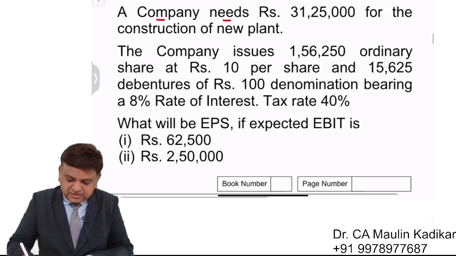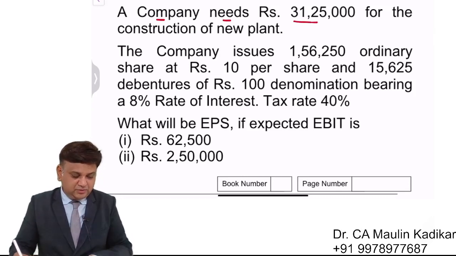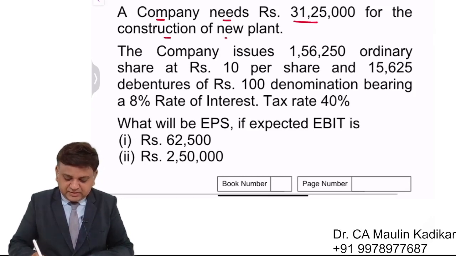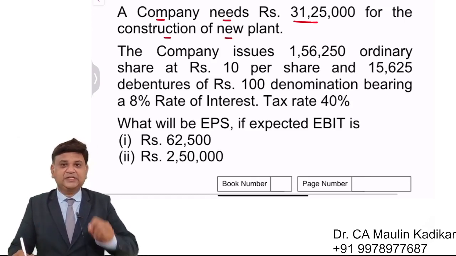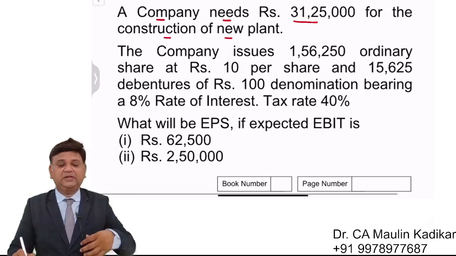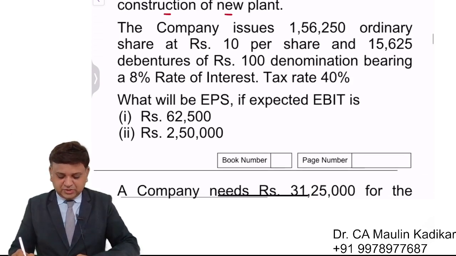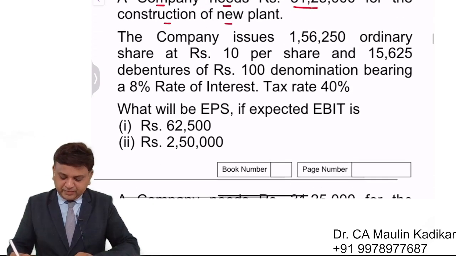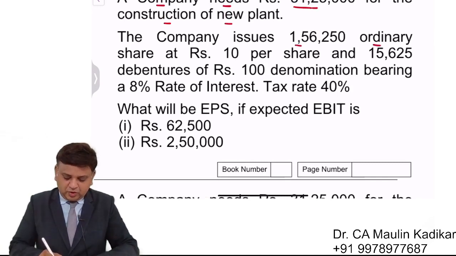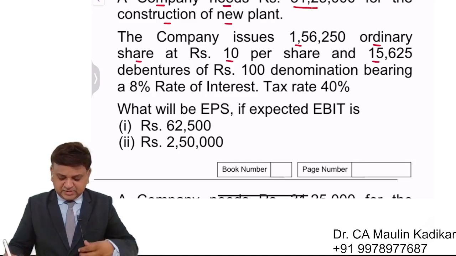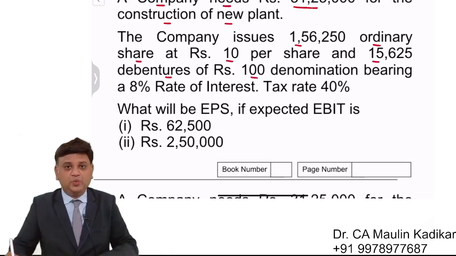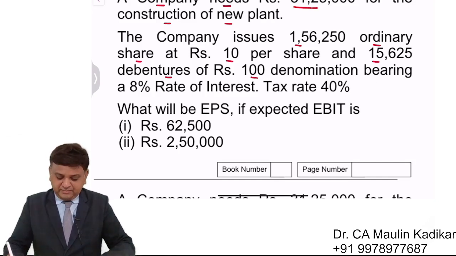A company needs rupees 31 lakh 25,000 for construction of a new plant. So the information given is that there is a company which requires an amount of 31 lakh 25,000 for construction of a new plant. The company issues 1,56,250 ordinary shares at the rate of rupees 10 and 15,625 debentures of rupees 100 denomination bearing 8% rate of interest.